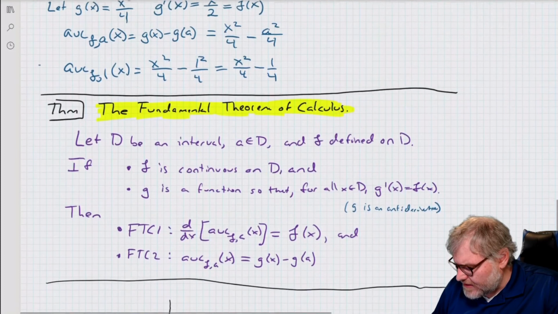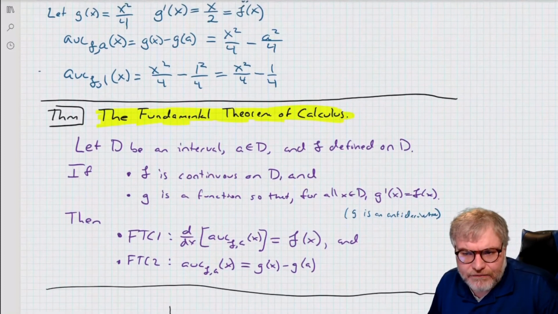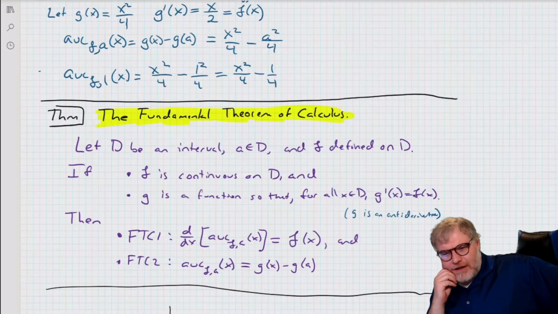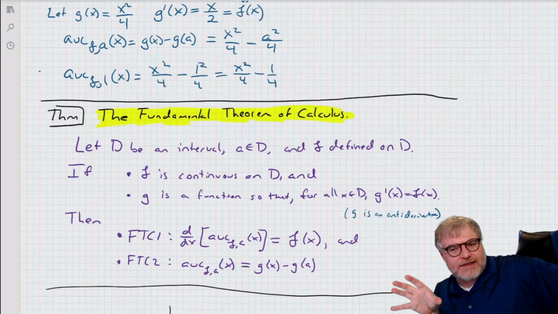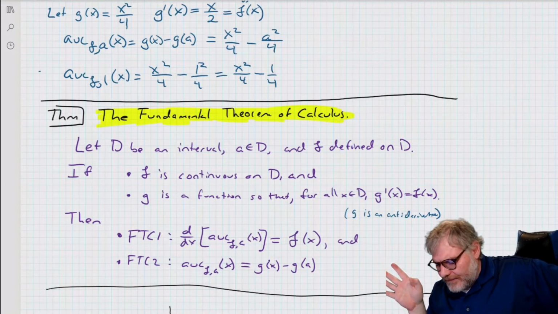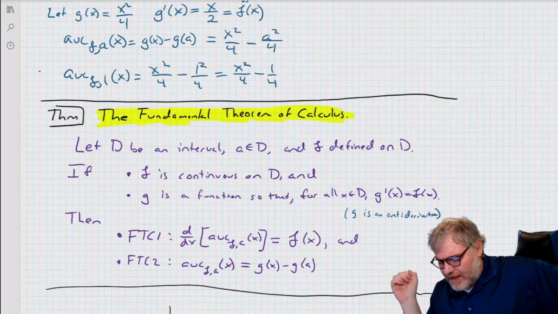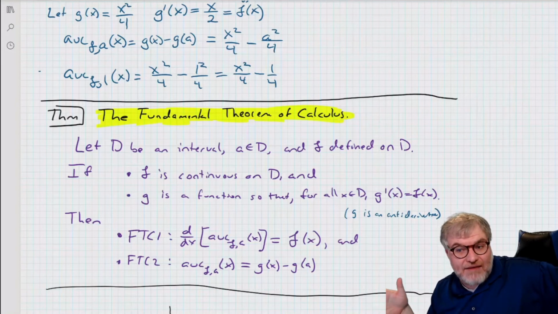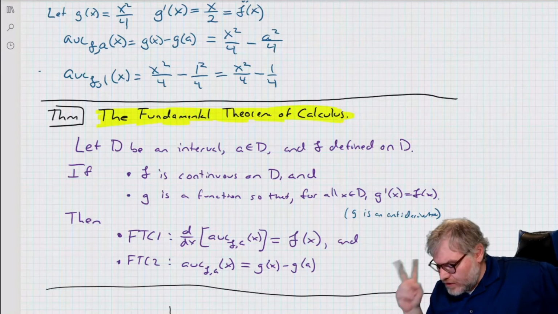That's going to give us the fundamental theorem of calculus. Is this important? Let's see. This course is called Calculus, and this theorem is called the fundamental theorem of calculus. Yes. We're going to let D be an interval, A in D, and F defined on D. If F is continuous and G is a function so that G prime equals F, then two things are true.